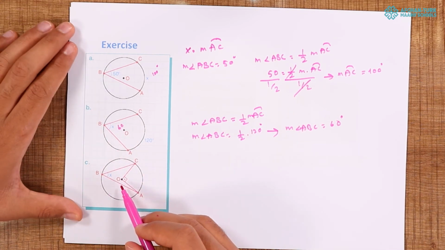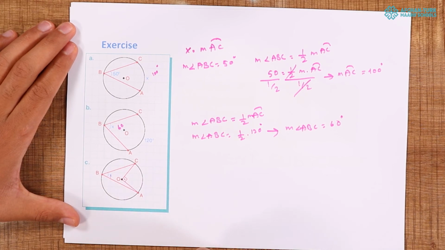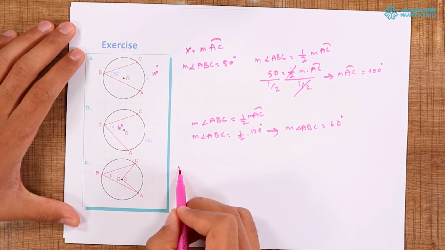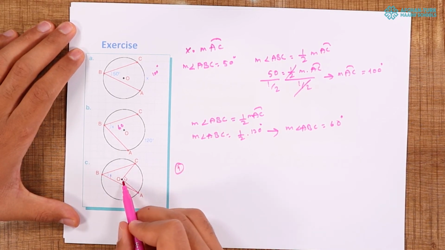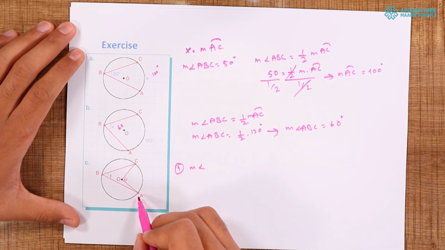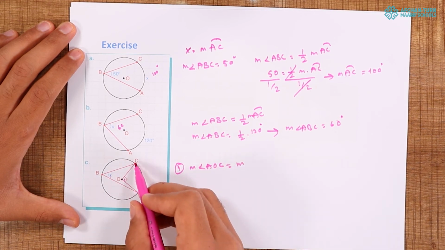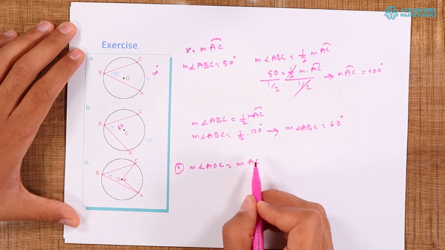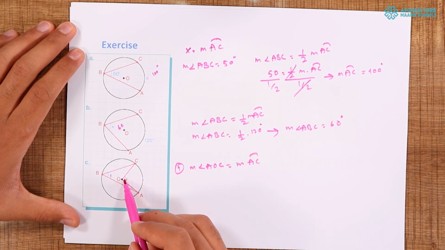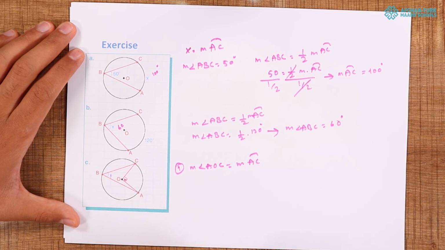The third question: we have an inscribed angle and also a central angle. First, the measure of the central angle AOC is equal to the measure of arc AC. This was the rule. It means the measure of the central angle is equal to the measure of the intercepted arc.